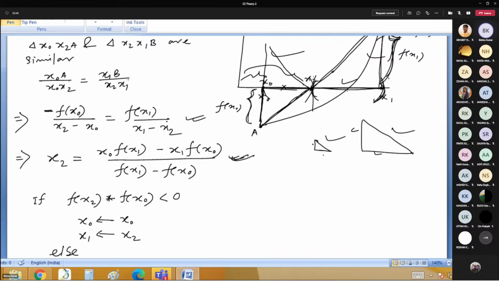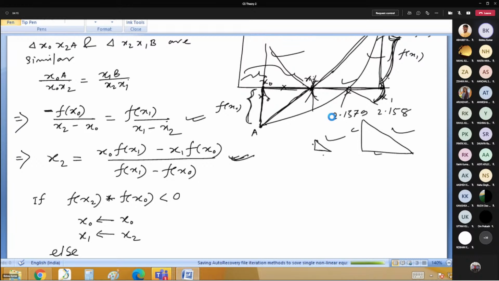Suppose, as an example, I am trying to draw one interval here. That interval's lower boundary is, suppose, 2.1579 and the upper boundary is 2.158.